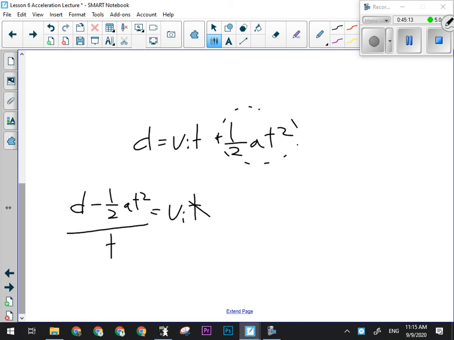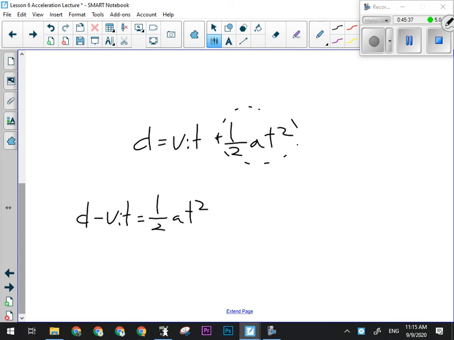Okay. What if I want to solve for acceleration? The VI times t is separate from the other part, so we just subtract. Exactly. I'm going to subtract VI times t over first. That'll equal 1/2 AT squared.